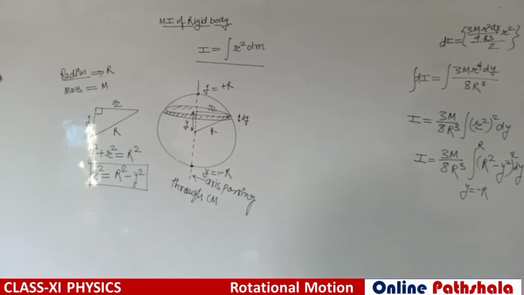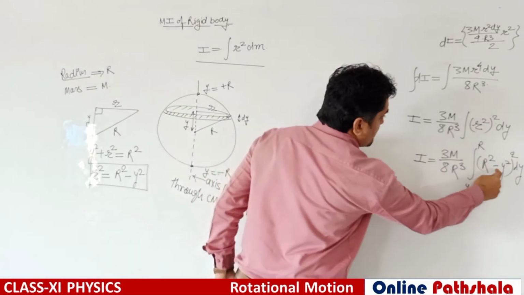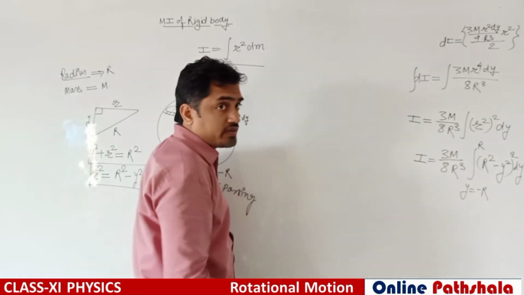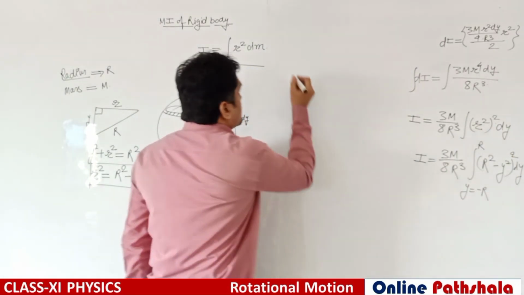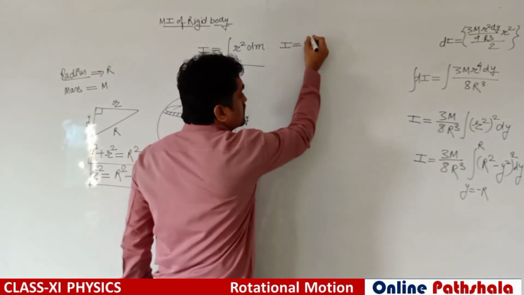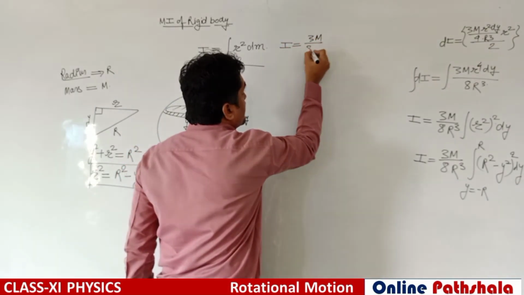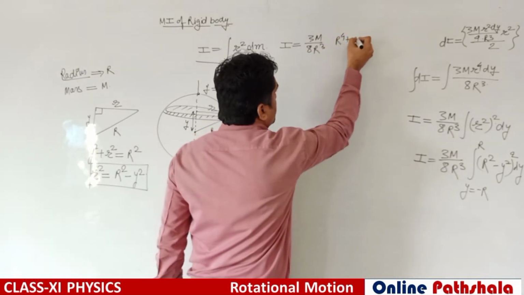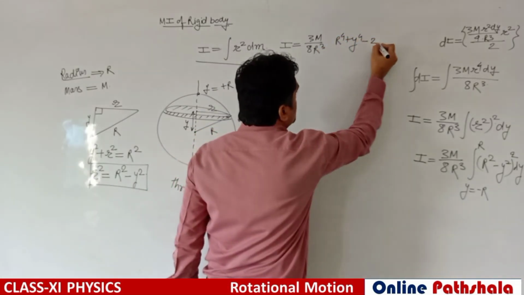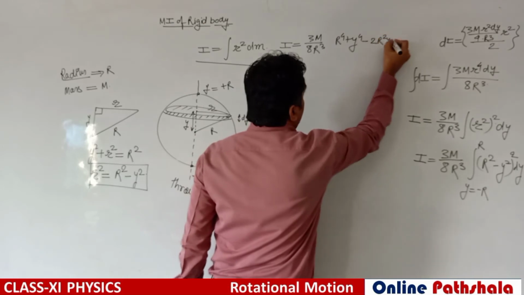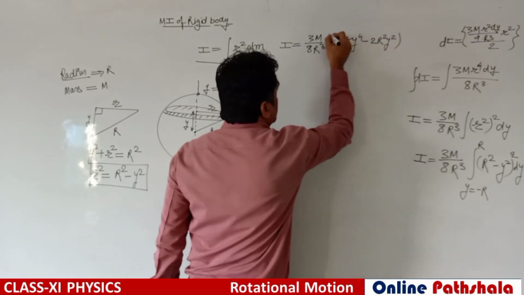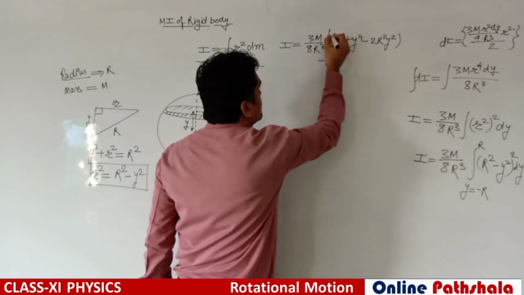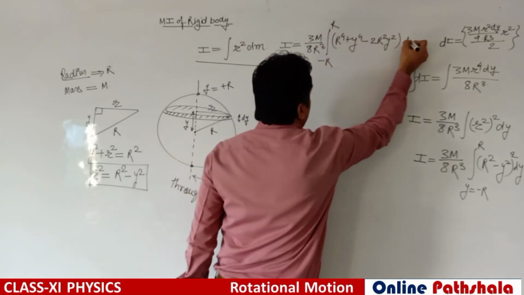So, this (R square minus y square) whole square we can open, and we will get I is equal to 3 capital M by 8 R raised to power 3, integration of R raised to power 4 plus y raised to power 4 minus 2 R square y square, from minus R to R with respect to y.